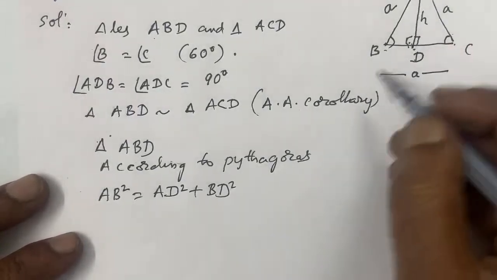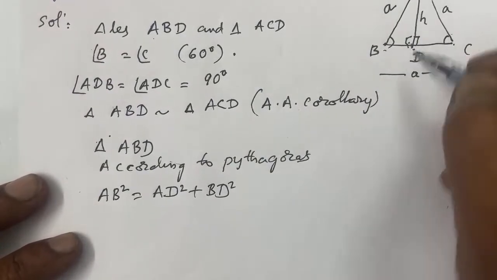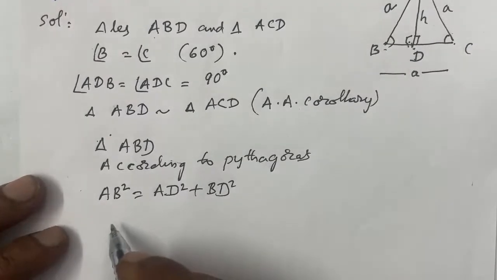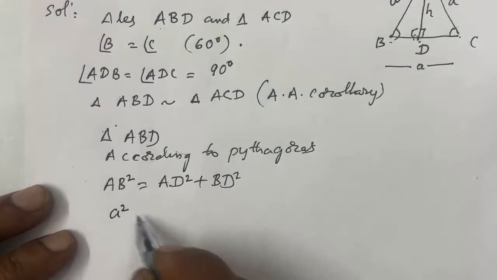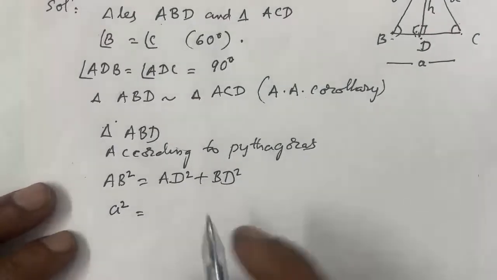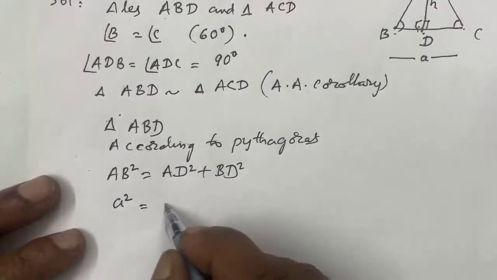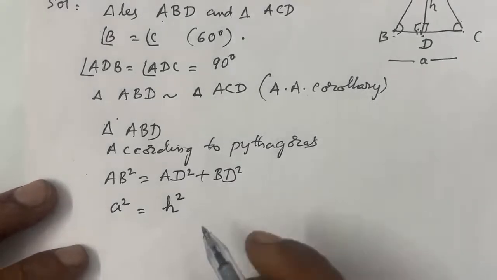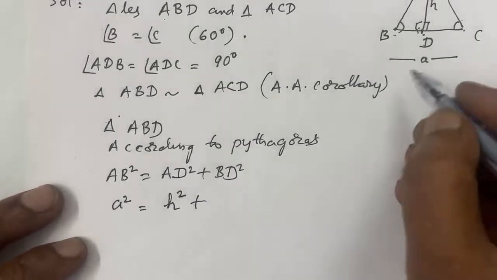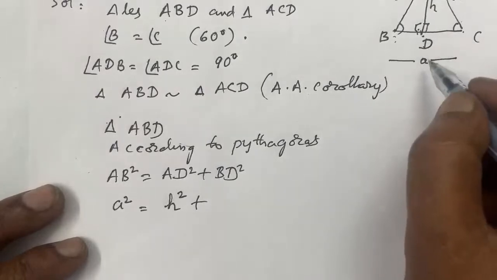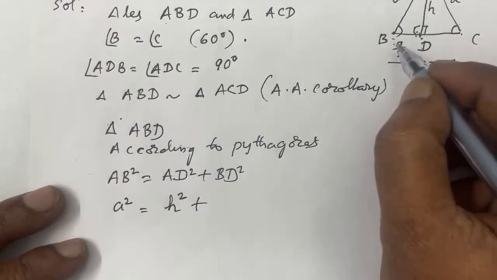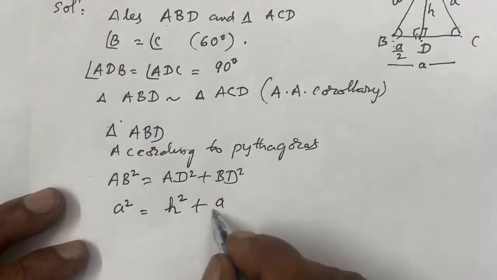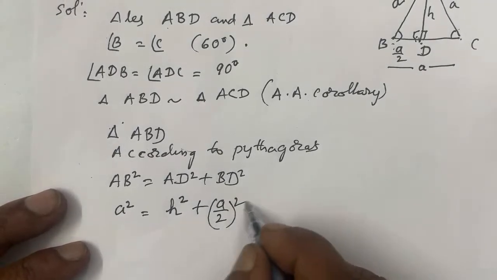Here AB square is the hypotenuse, AD square is the height, and BD square. In place of AB square, I will write a square. In place of AD square, I will write h square. And BD is not a, BD is a by 2. So here I will put a by 2 whole square.